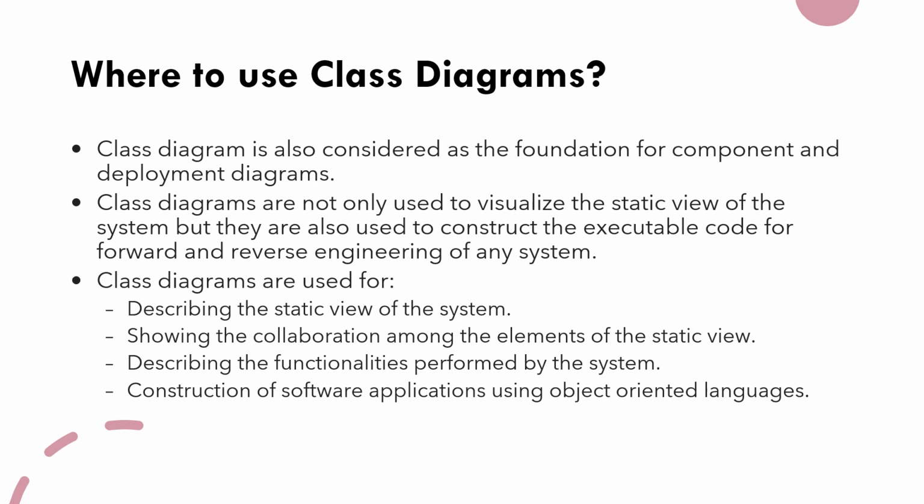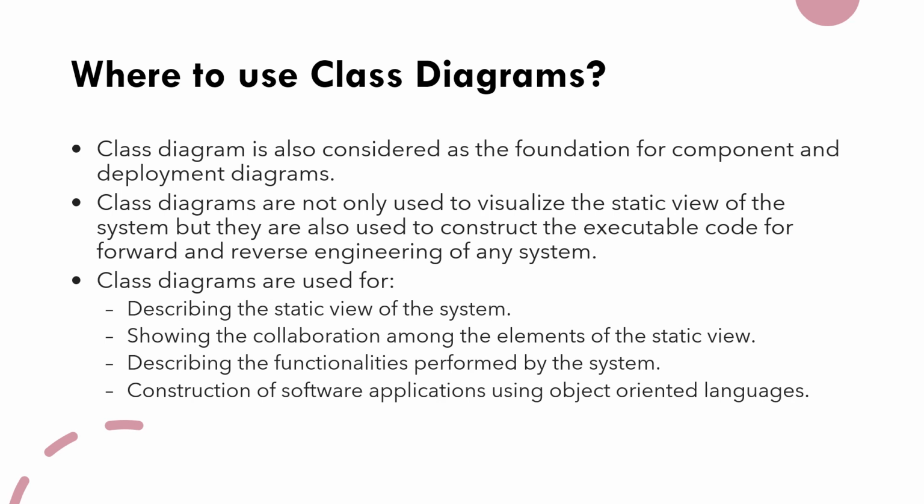So where do we use the class diagram? The class diagram is also considered the foundation for component and deployment diagrams. We need to visualize that one. This is actually the recap.